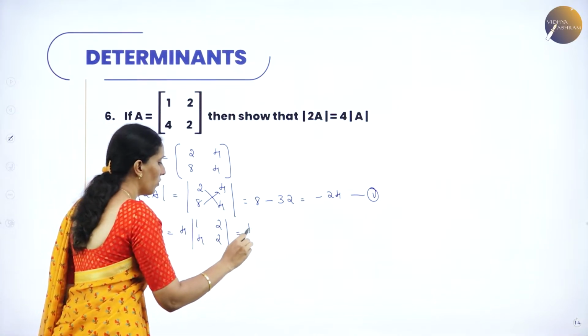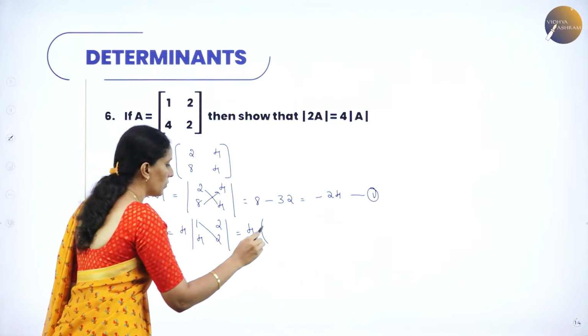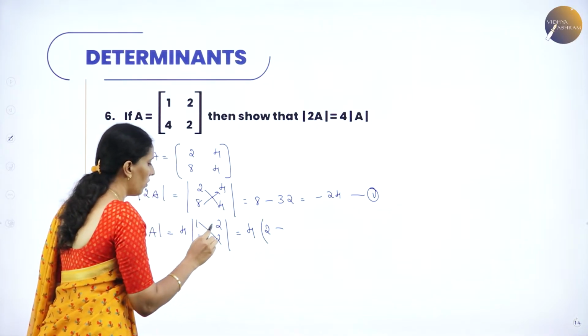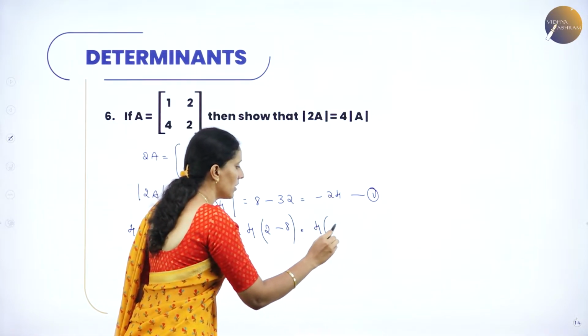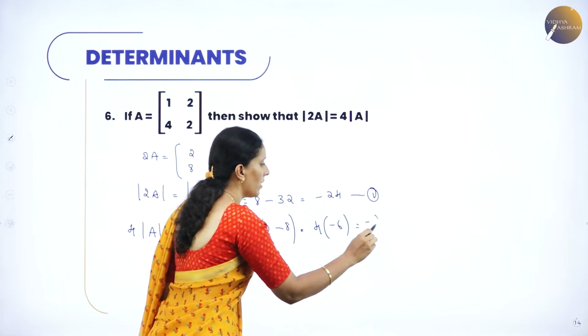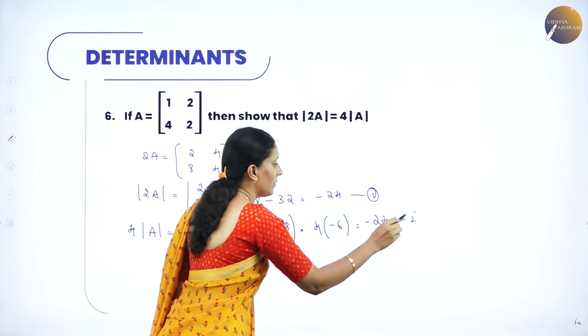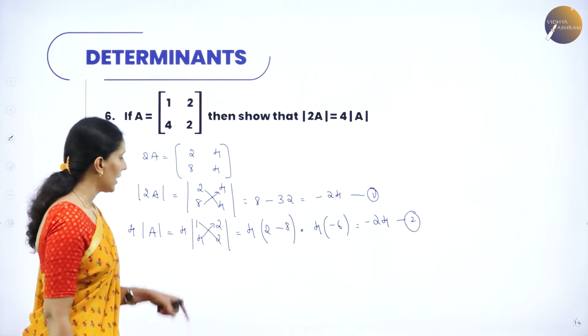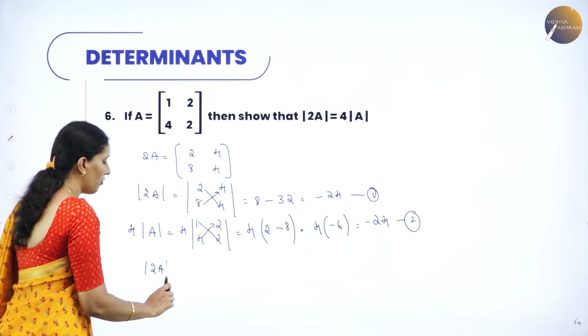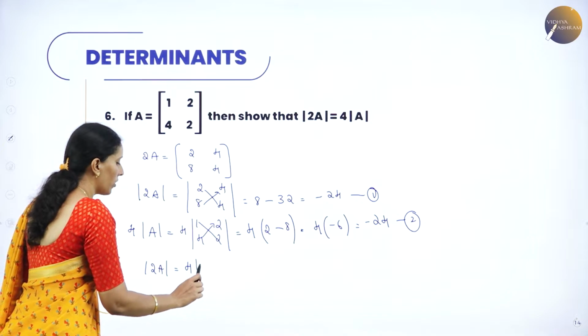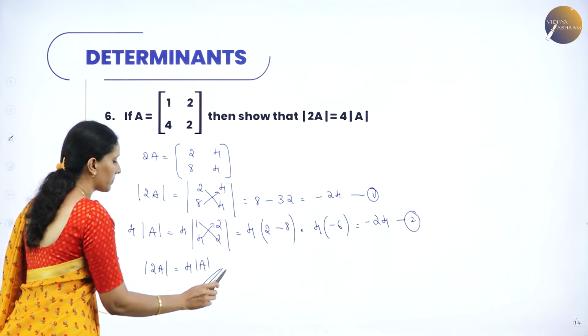Let's find out. 4 into 1 2s are 2 minus 4 2s are 8, which is 4 into minus 6, which is equal to minus 24. So let me take this as equation 2. Clearly from 1 and 2, I can say determinant of 2A is equal to 4 into determinant A.